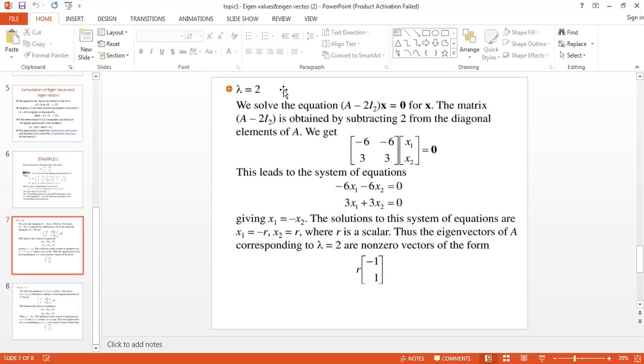Now lambda equals 2. To solve the equation (A minus 2 I2) x equals the null matrix for x.